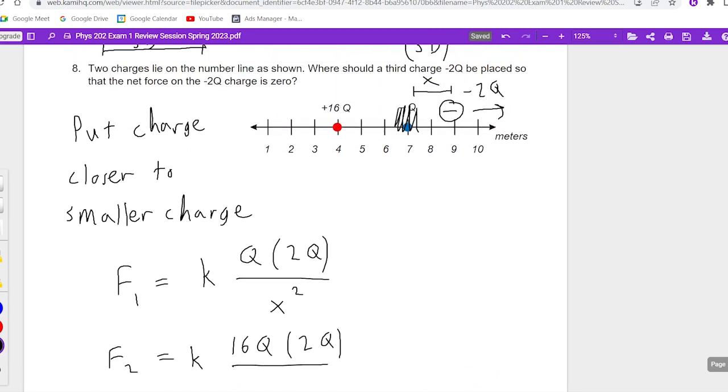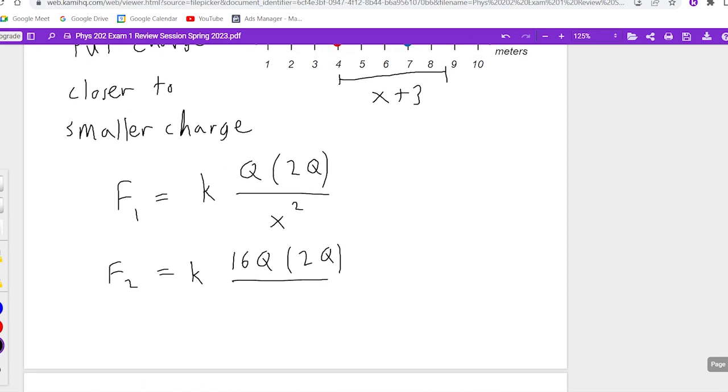Does anyone know what the distance will be? Would you add them and do x plus 3? Yes. So what you're saying is this distance is x, and this distance between the two charges is 3. So the total distance is x plus 3. And you're exactly right. So remember that goes in parentheses, x plus 3, quantity squared.